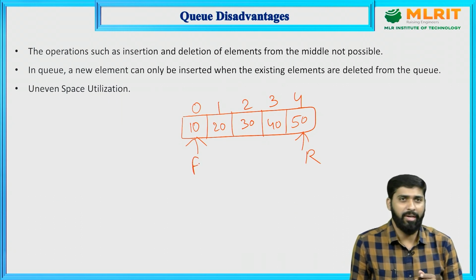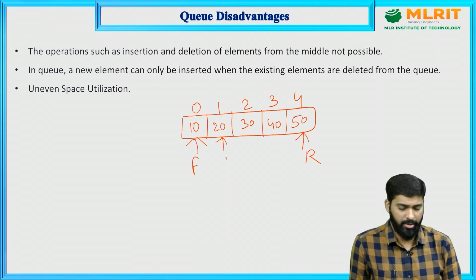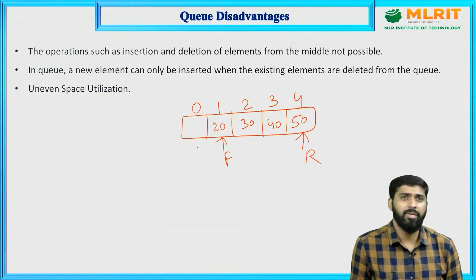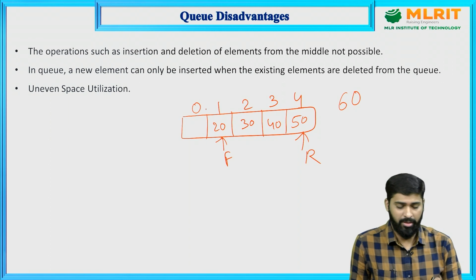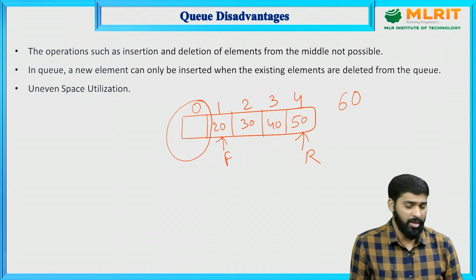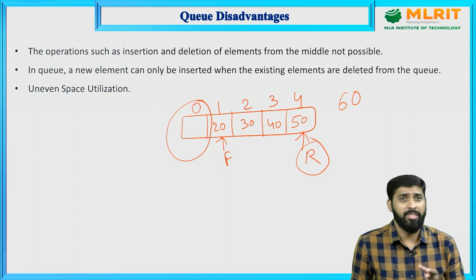Now if I delete, this is the front now, so 10 is deleted. Now if you observe, I want to insert number 60. Here there is scope to insert an element into the array, but we are going to insert the elements using rear only. What it means? Space is available, but we are not able to insert the data 60. So that is a disadvantage of Q.